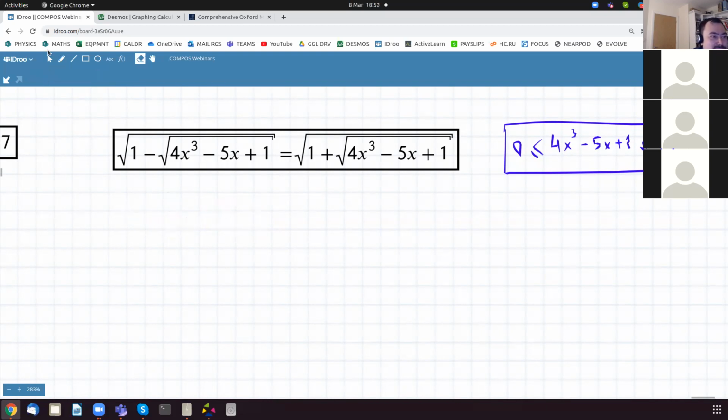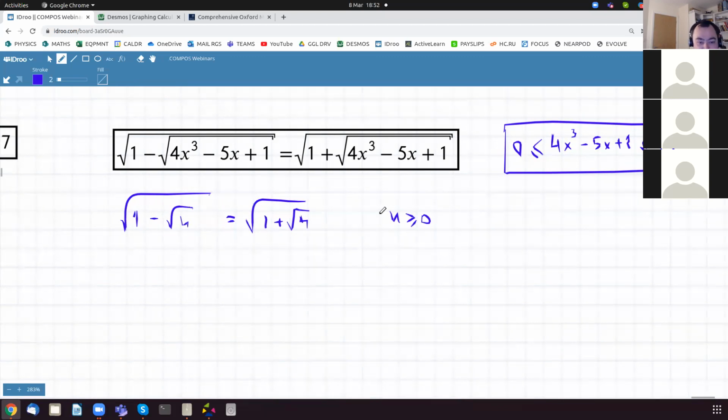So it's going to be 1 minus square root of u, square root, equals square root of 1 plus square root of u. And obviously, you know that u has to be greater or equal to 0, but also u cannot be greater than 1, because then this thing is going to be negative. So it's less than or equal to 1.